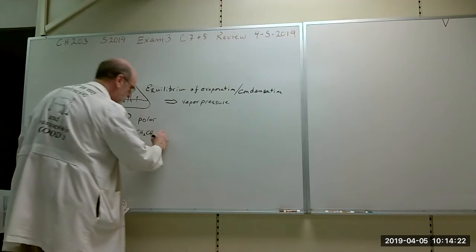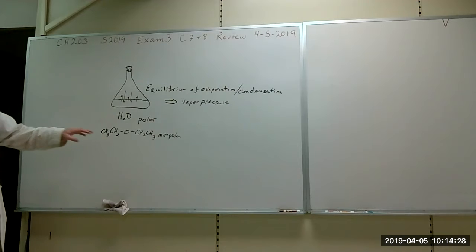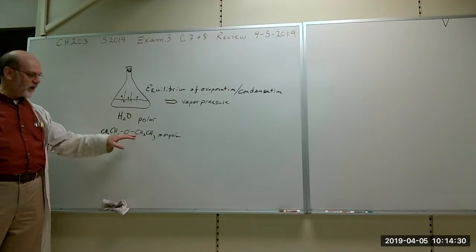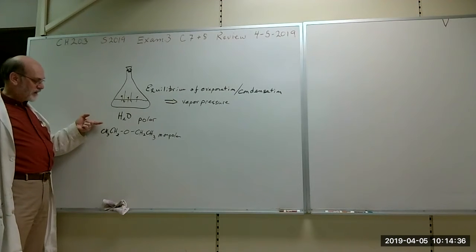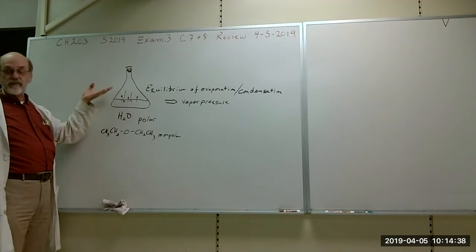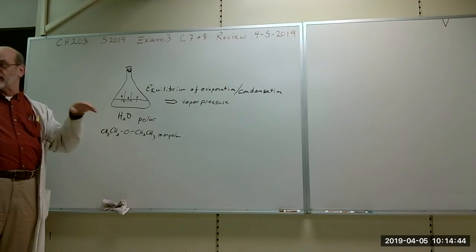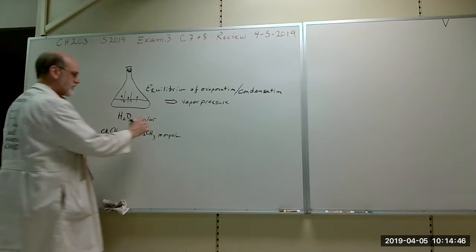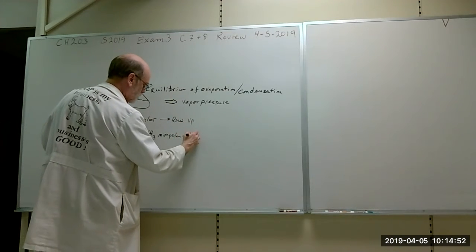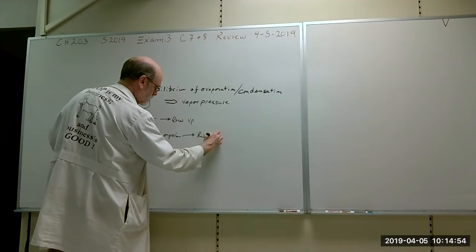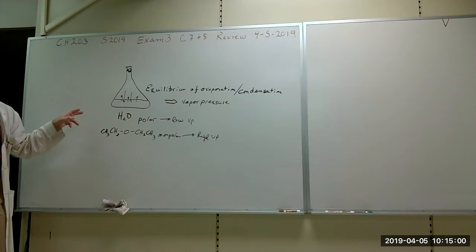This is a nonpolar molecule. So the attraction of one molecule for the other in the liquid phase is very low. So that means there's not much holding it in the liquid phase. It evaporates, and this is all at the same temperature. It evaporates more rapidly and establishes a higher vapor pressure. So this is low vapor pressure, and this is high vapor pressure, based solely upon the attraction of the molecules for each other in the liquid phase. Okay?